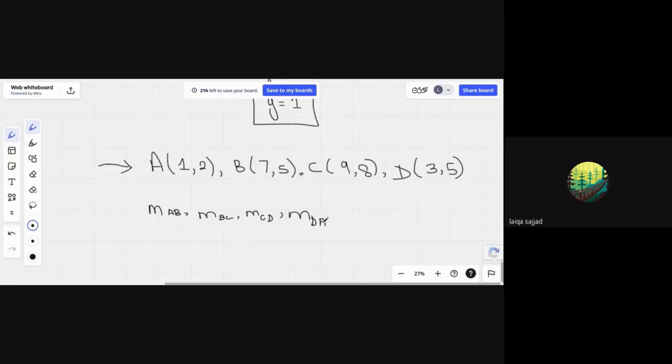First you have to find this, and then you have to tell what information do you get just by looking at the gradients. First you can simply find the gradients of each of them.